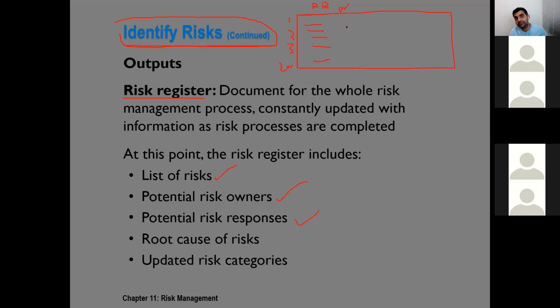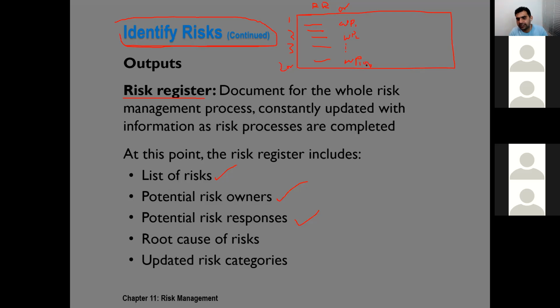It depends on us. During planning, we decide what categories we are going to use. Sometimes we can even use categories based on work packages. Risks related to work package 1, related to work package 2, and so on. Risk related to work package 100. So by doing this, we are able to identify risks for each work package and then focus on each work package's related risks.